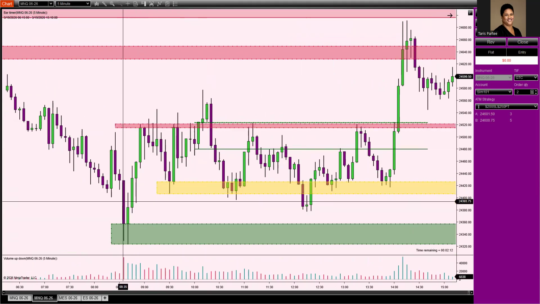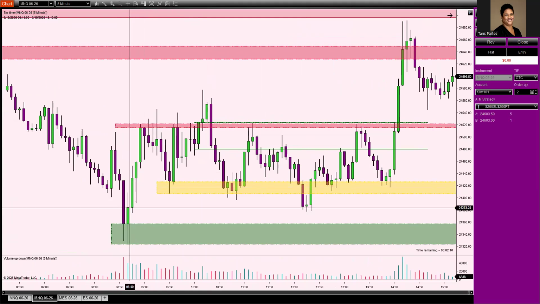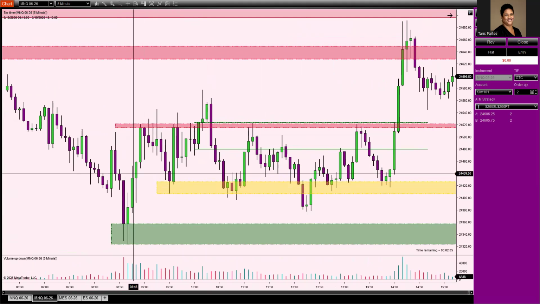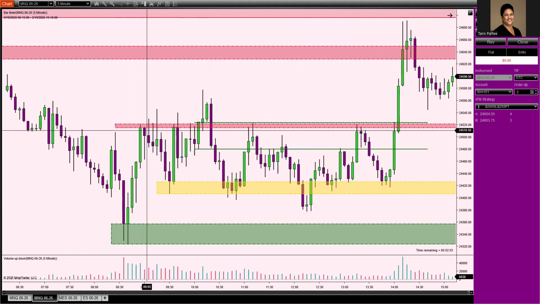This is our first 6 candles of the day. 1, 2, and follow the middle of my crosshairs. 3, 4, 5, 6. So this would be our 6th candle of the day, which measures the first 30 minutes of the market's moving.